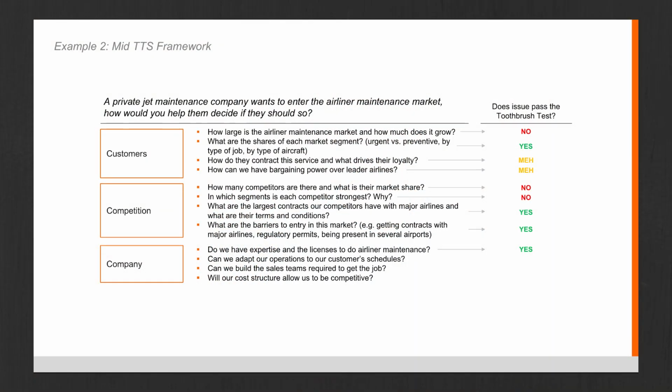So notice the wording. An airliner is a different type of aircraft than a private jet. And I need to have expertise. I need to have the permits, the licenses to do that kind of maintenance. And this shows some business sense, at least shows that I'm aware that it's completely different to do maintenance for one type of aircraft or for the other.